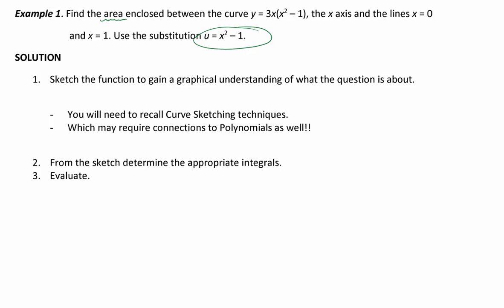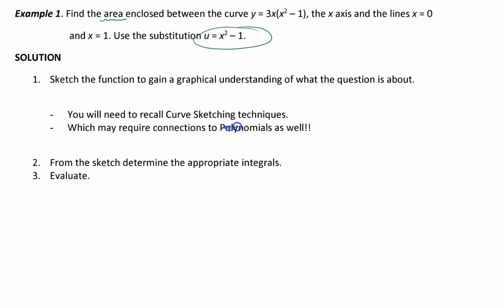But in terms of answering the area aspect of it, you know that you have to be able to sketch the function. So recall your curve sketching techniques. Unfortunately, this time around, we didn't do this topic after polynomials like we have previously done.